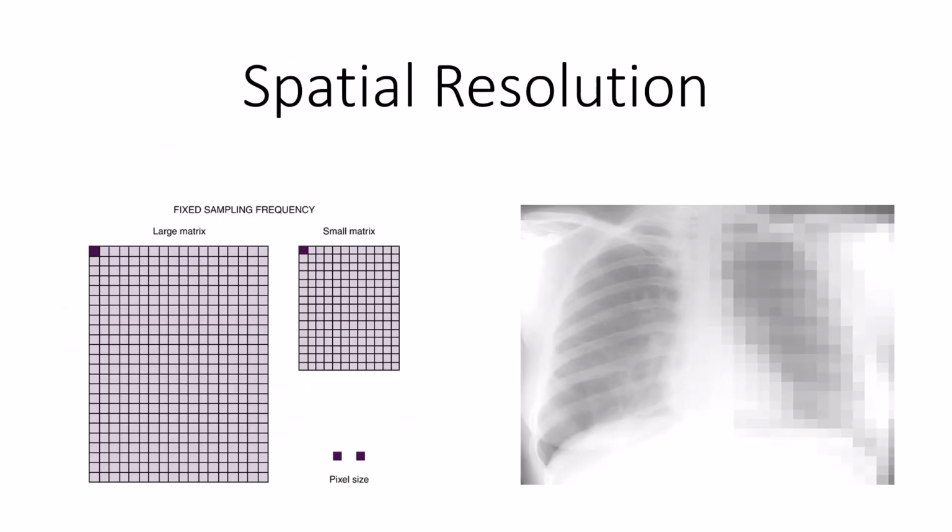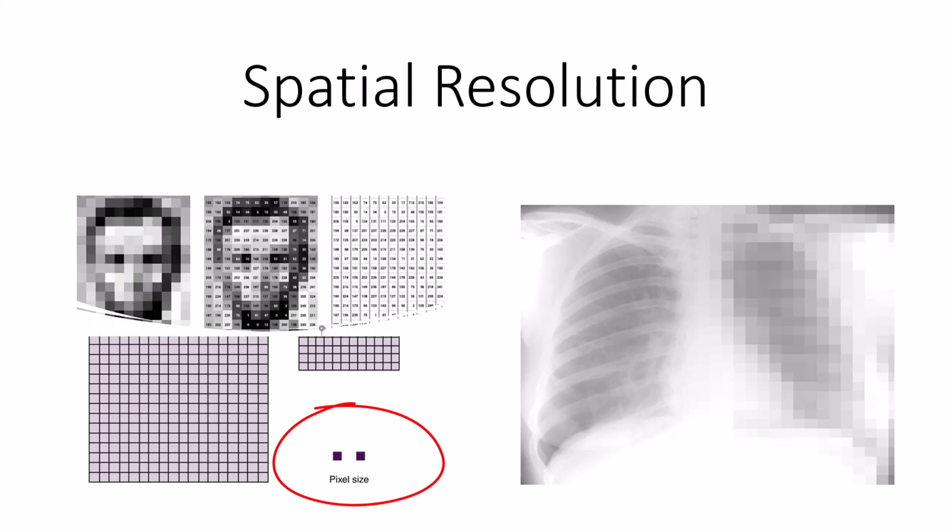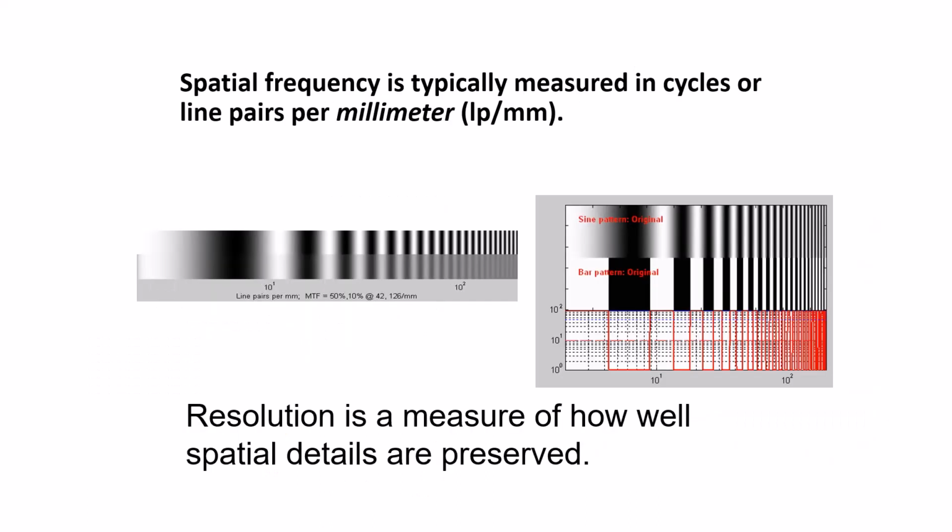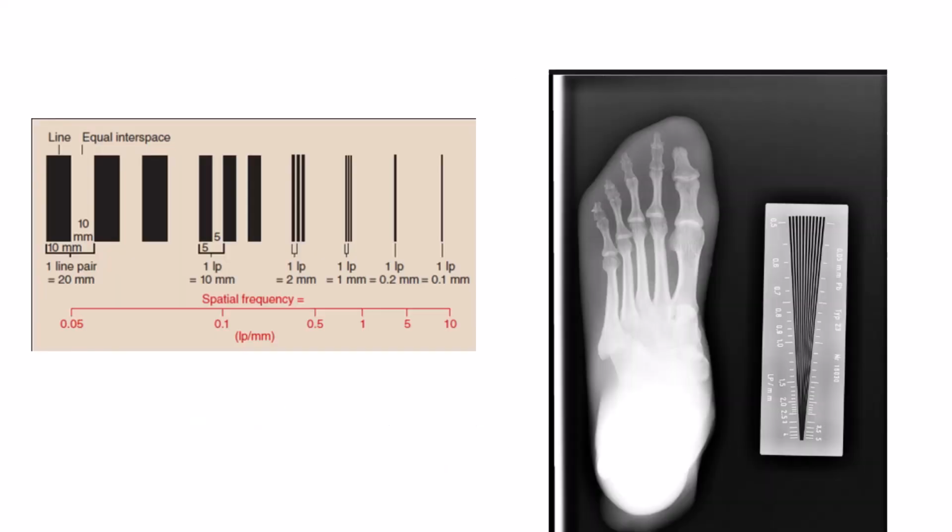Spatial resolution, or the number of pixels that are demonstrated in the image, is extremely important. We need to look at our matrix size and pixel size for detail. Spatial frequency, or detail, is usually measured in cycles or line pairs per millimeter. Resolution is a measure of how well details are preserved.